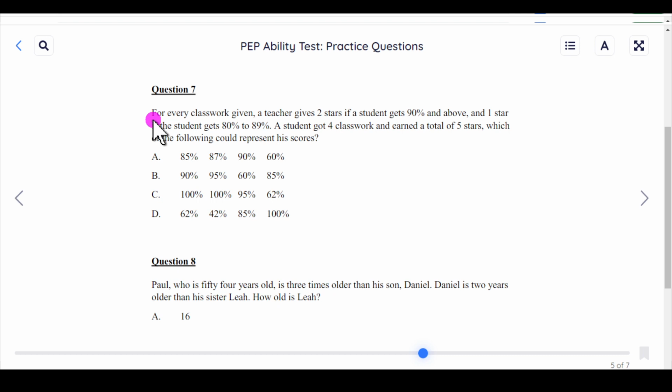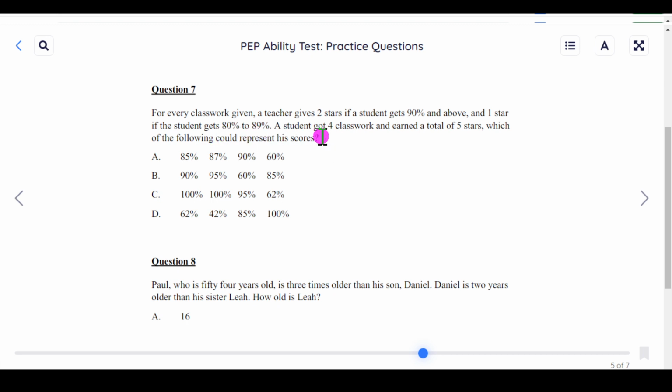Question 7. For every classwork given, a teacher gives 2 stars if a student gets 90% and above, and 1 star if the student gets 80 to 89.